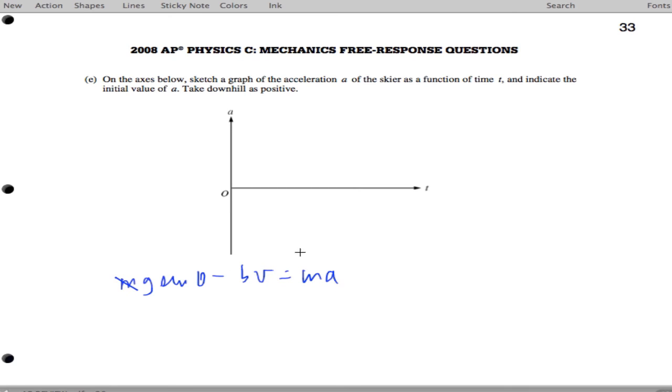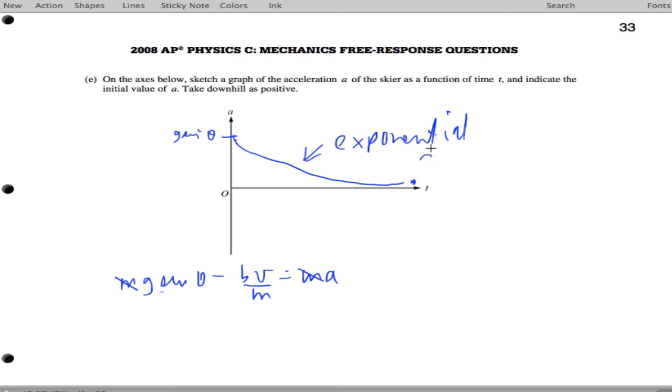So that means here a is going to have to end up leveling off to 0, and it's going to start off at g sine theta, and then it ends up exponentially decaying from g sine theta to 0. That's supposed to be exponential. So that should be it for all the problems you're responsible for on your exam.